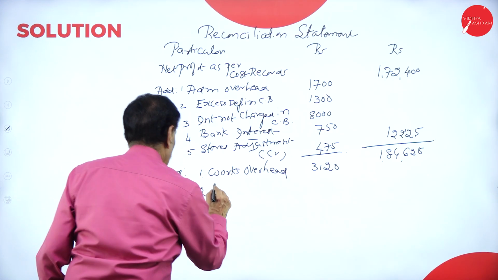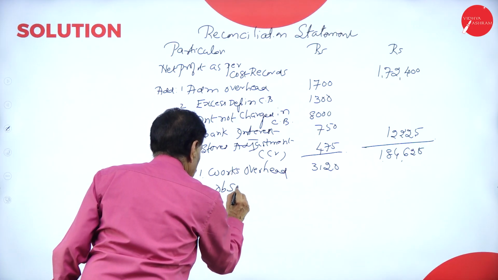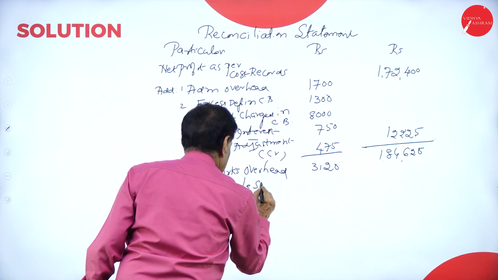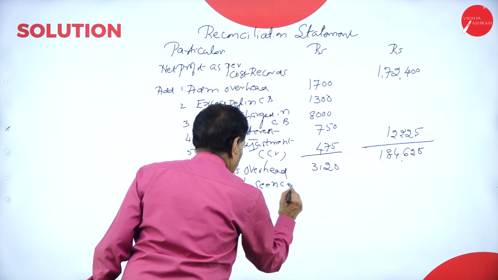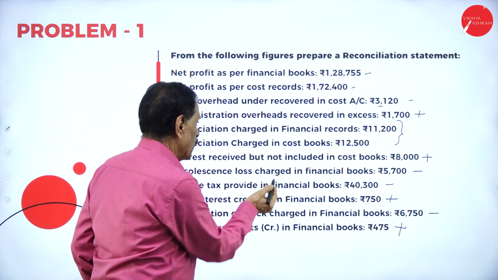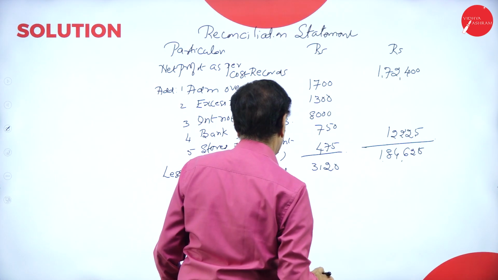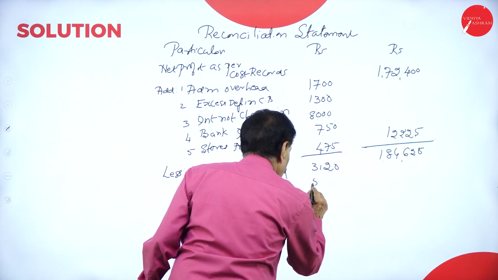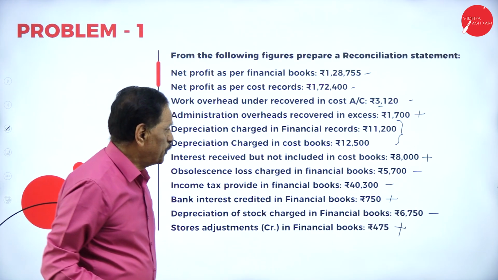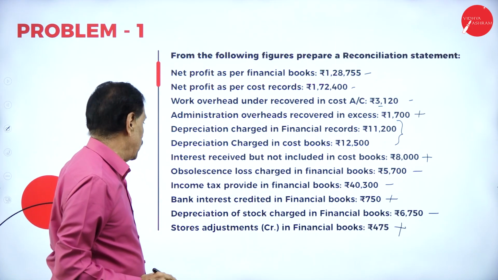Come back here. Obsolescence loss 5,700. Then obsolescence loss 5,700.